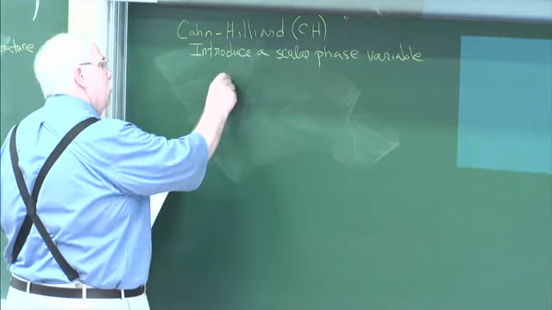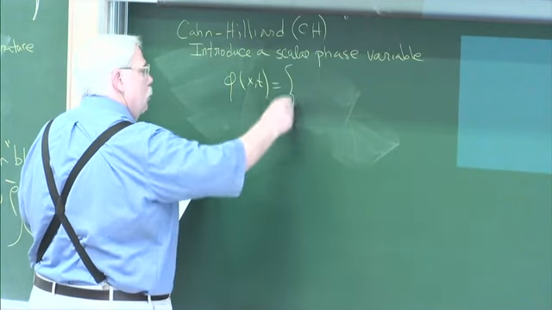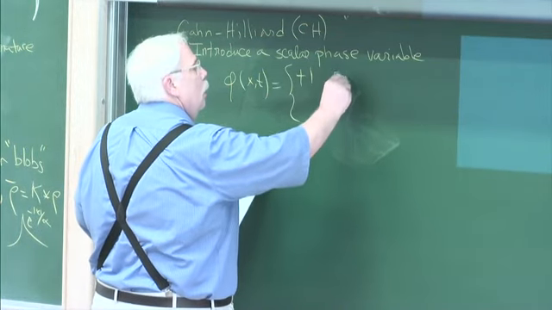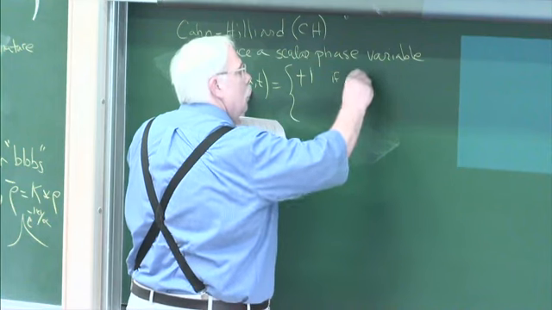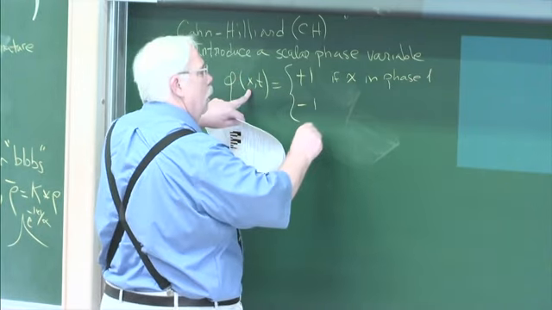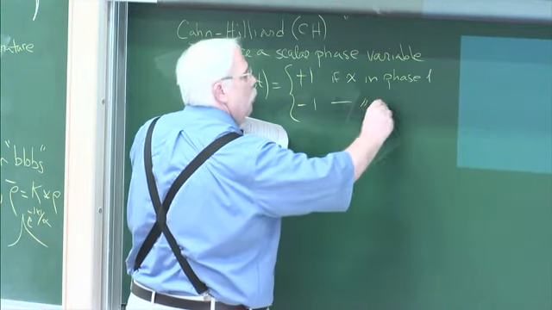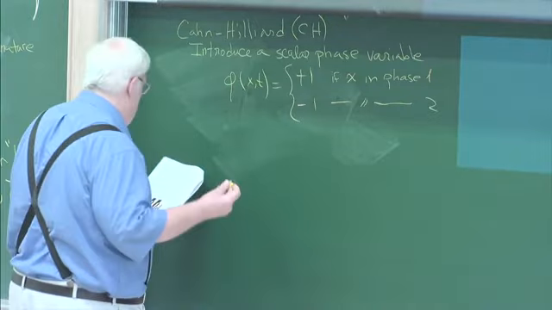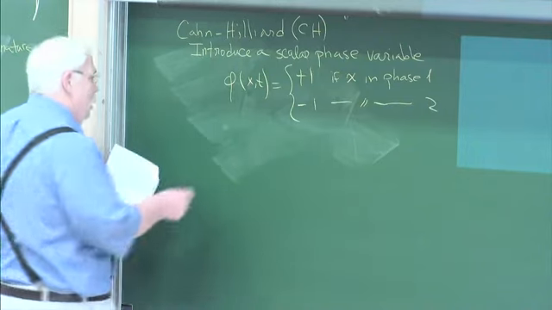It's phi of x and t, which is equal to +1 if the position variable x is in phase 1, and -1 if the position variable is in phase 2. Here's the equation. You will not be surprised to see this equation. It's exactly what Uwe wrote.